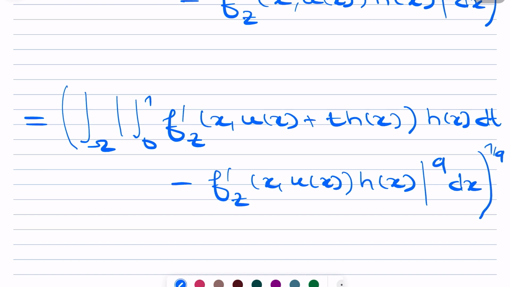And I said that this equality follows from the mean value property, I will just write MVP.